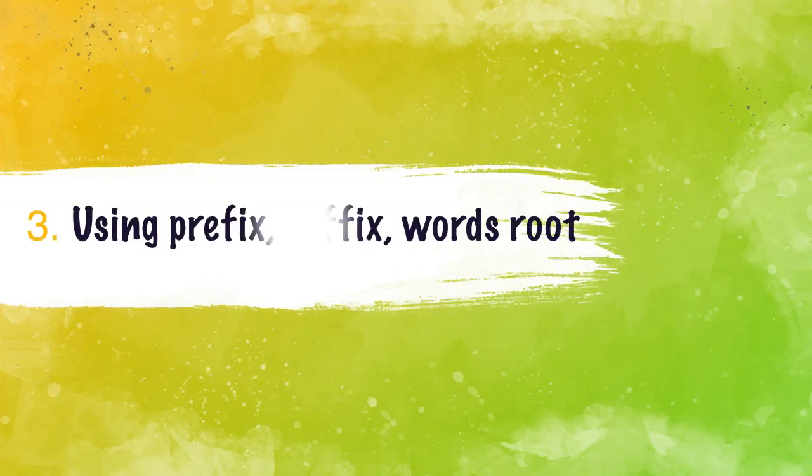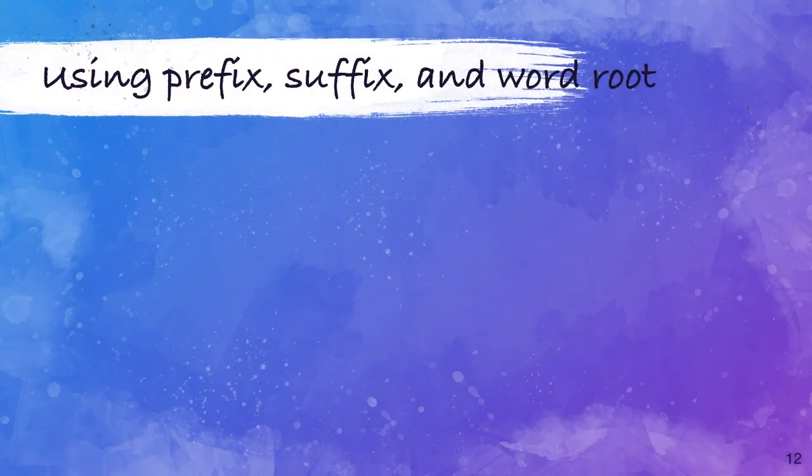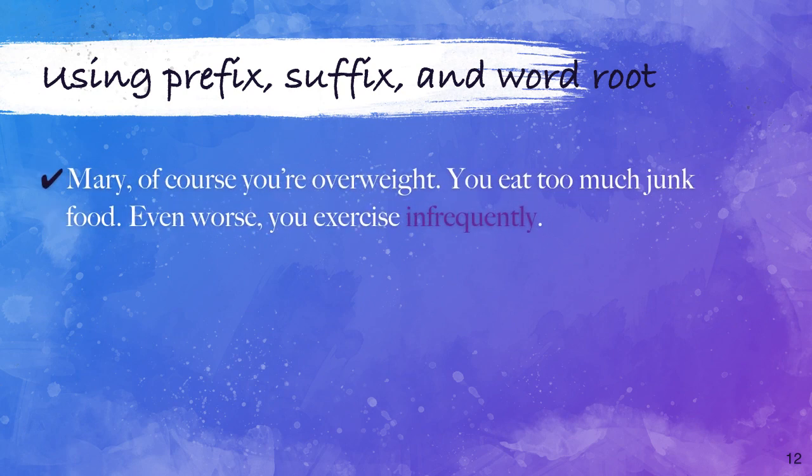Another strategy that you can learn is using prefix, suffix, and word root. Again, let's consider the following example. Mary, of course you're overweight. You eat too much junk food. Even worse, you exercise infrequently. Imagine that the word you want to guess in this sentence is infrequently.